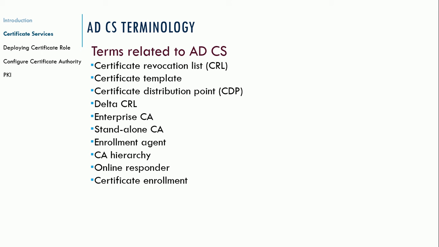And then you have certificate enrollment, key management, and authority information access, or AIA. We're going to talk about some of these terms as we go through these slides. Throughout the rest of this unit, we'll talk about some of these terms. In the next slide deck, we're going to talk about how to deploy the certificate role, and then finally I'm going to talk about how to configure the certificate authority on your server. So we'll come back to a lot of these terms as we go through that.